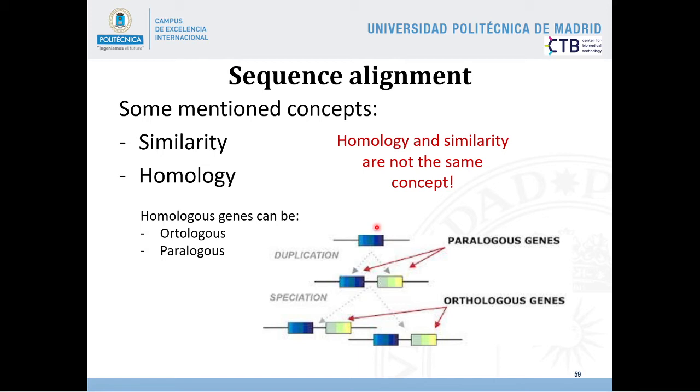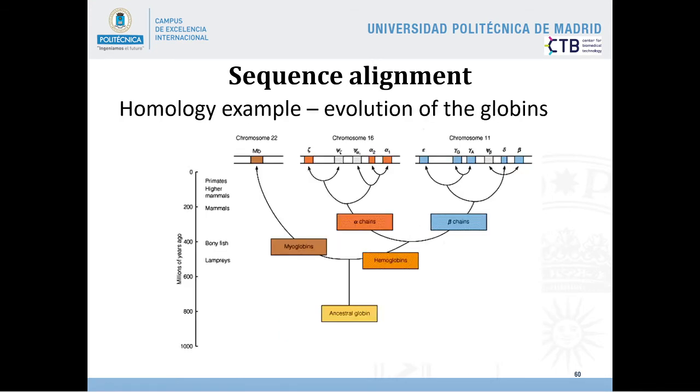Paralogous genes are those that have come from an event of duplication. And then orthologous are those genes that are obtained from a speciation event. Okay, so paralogous genes usually are not as similar as orthologous genes. This one would be homologous genes from globins that can be seen in mice and in humans, for example.